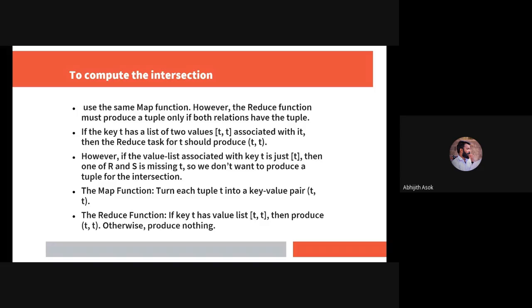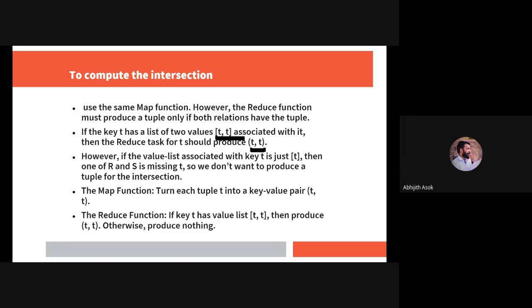In order to compute the intersection, use the same map function. However, the reduce function produces a tuple only if both relations have the tuple. If the key t has a list of values [t, t] associated with it, then the reduce task for t should produce t, t.